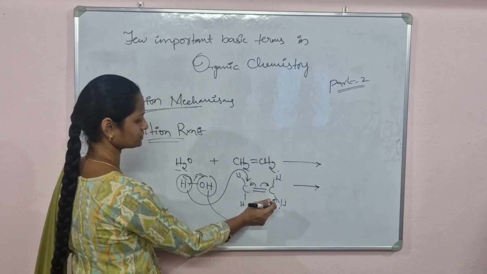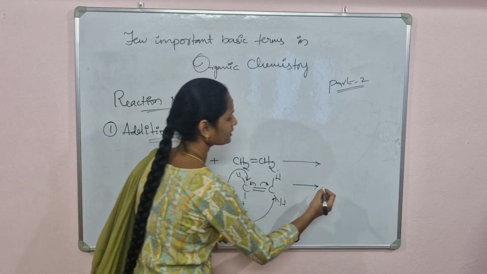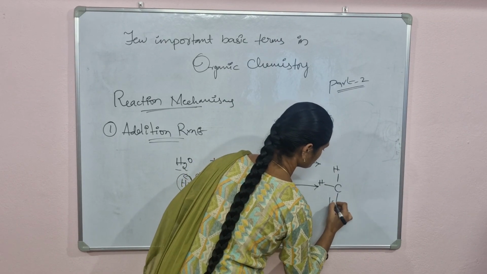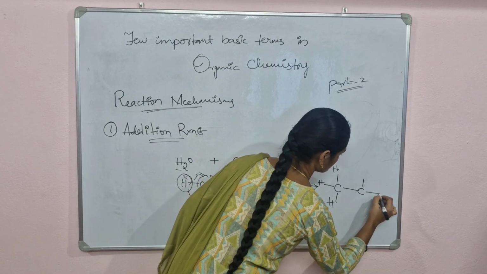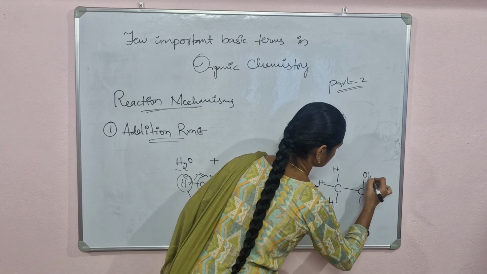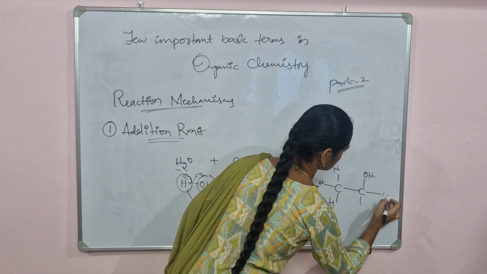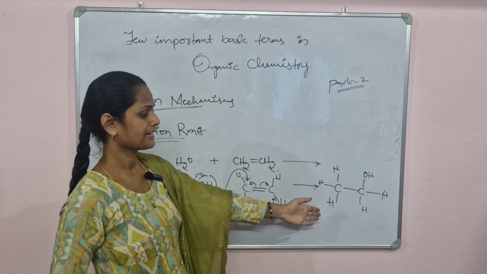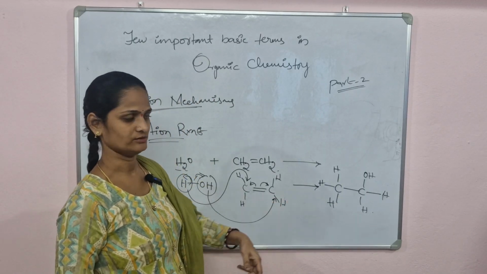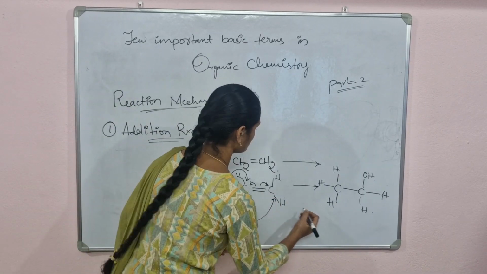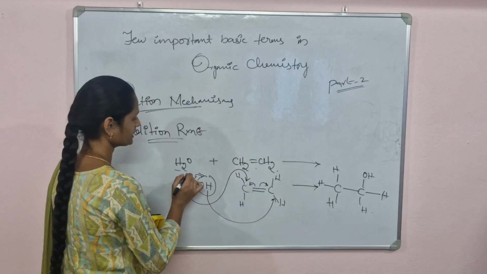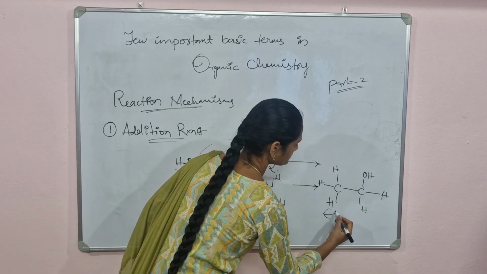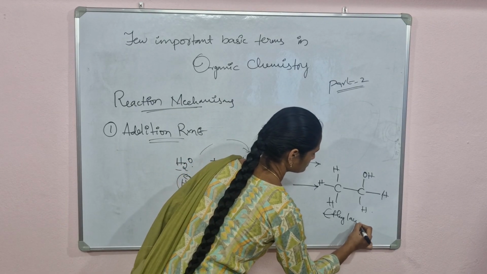One will get attached to the OH here and hydrogen here, and the final product will be ethyl alcohol. Here we have only ethene. Here we have water. After the reaction of both, we get ethyl alcohol.